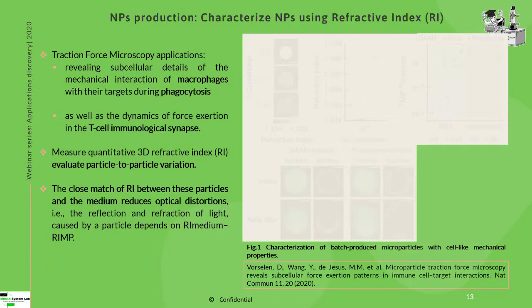So simply measure the optical density, as you can see on the right. If these particles are made of a polymer and you change the percentage of the crosslinker, what happens is that if you increase the percentage, these particles become more and more compact, and the optical density will increase. So as you can see, if you increase the percentage of the crosslinker, the particle gets brighter and brighter.